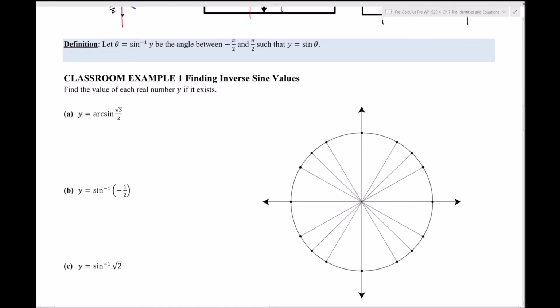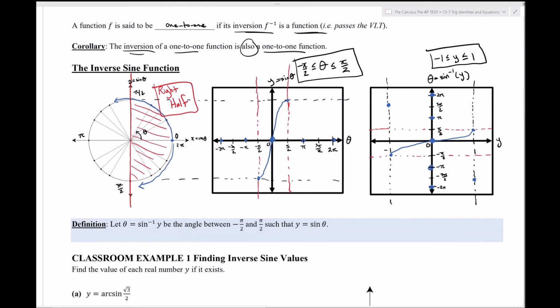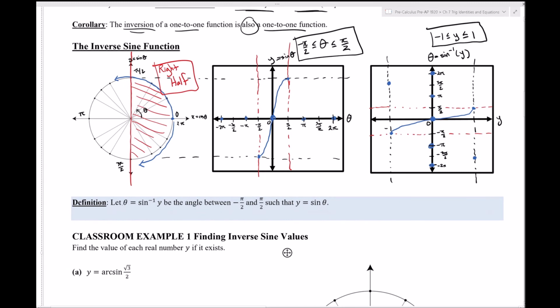So that definition there is basically just driving home what we have up here visually. So we're going to define theta equal to the inverse sine of some number y to be the angle that's between negative pi over 2 to pi over 2 only that makes sine of the angle theta equal to y.